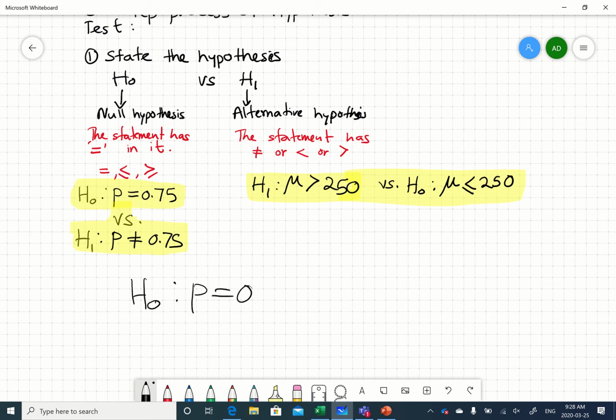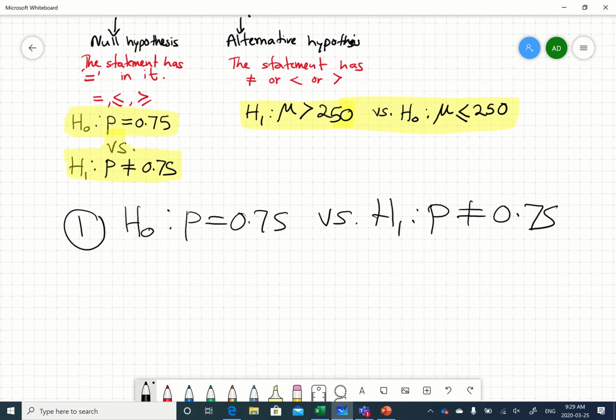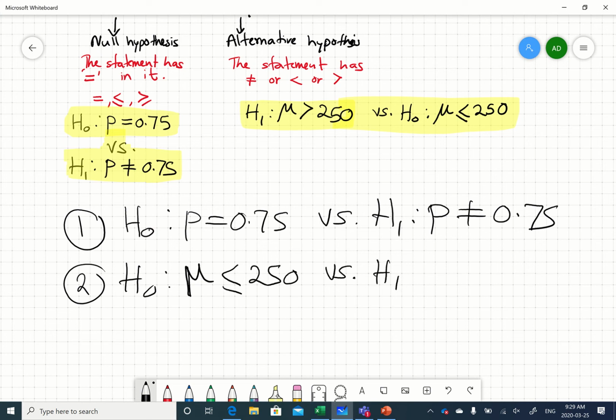P equals 0.75 versus H1, proportion not equal to 0.75. And for the other one, H0 is mu less than or equal to 250 versus H1 mu greater than 250.